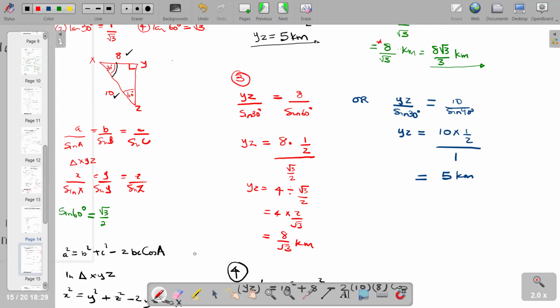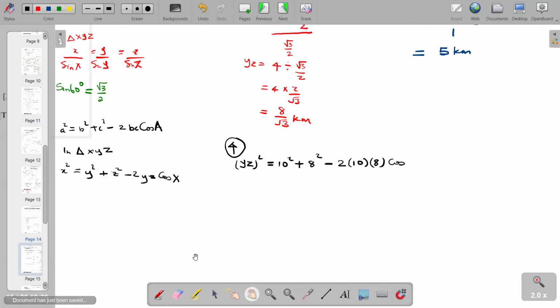So it is cos 30 degrees. Simplifying that, we have 100 plus 64 minus 160 cos 30 degrees.